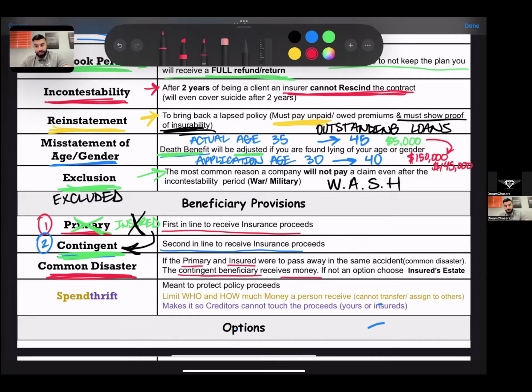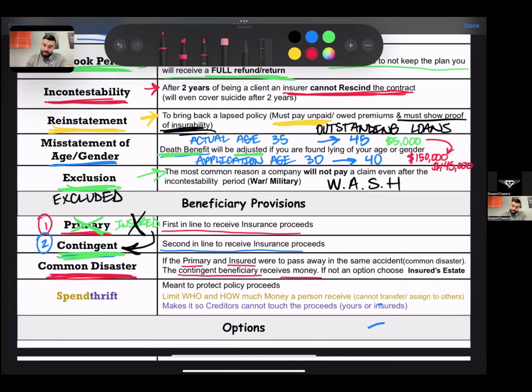Obviously, the insured passes away, the primary passes away. Therefore, now the money goes directly to the contingent beneficiary, right? The second person in line. Even if the insured passed away before the primary and then the primary passed away, because of the common disaster clause, the company's going to say, no, the primary passed away first, then the insured. That way, the money is paid out to the contingent beneficiary, the second person in line.